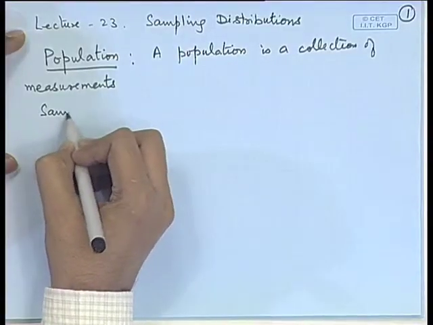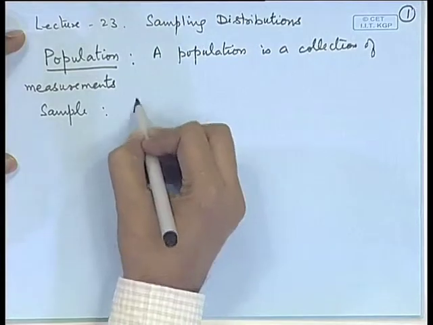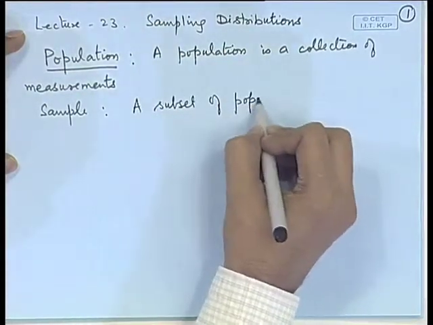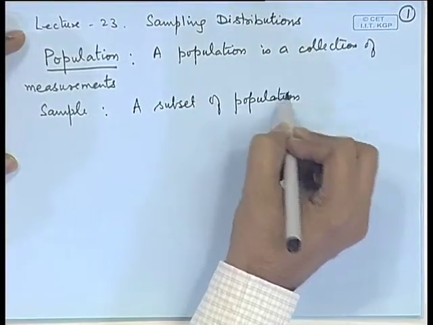A sample is a subset of the population. Since it may not be possible to have the complete enumeration of the population, in various studies it is enough to consider a certain sample of the population. A general random sample in statistics is taken in such a way that the probability of selecting each observation is the same.